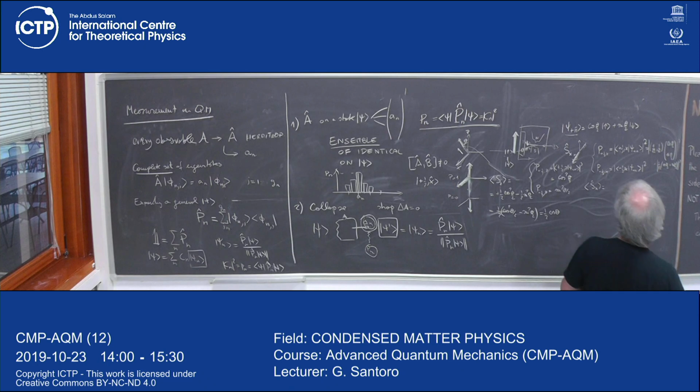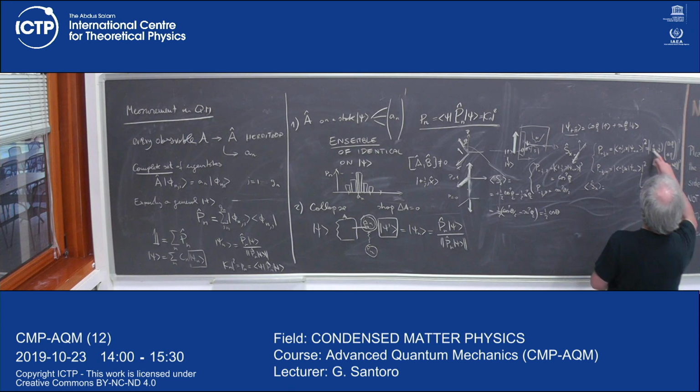Okay? That's the object that I have there, and this object here, similar calculation, I have just a minus sign here. It is equal to 1 over square root of 2 times cos of theta over 2 minus sine of theta over 2, squared.